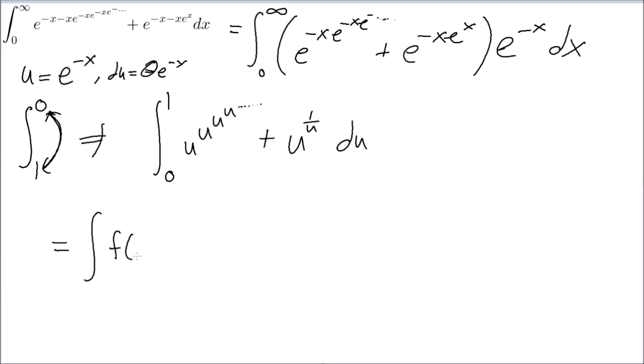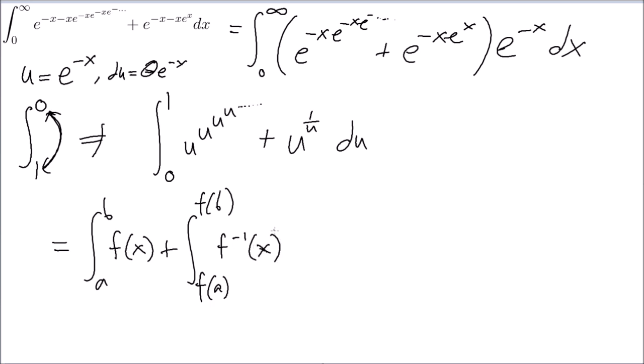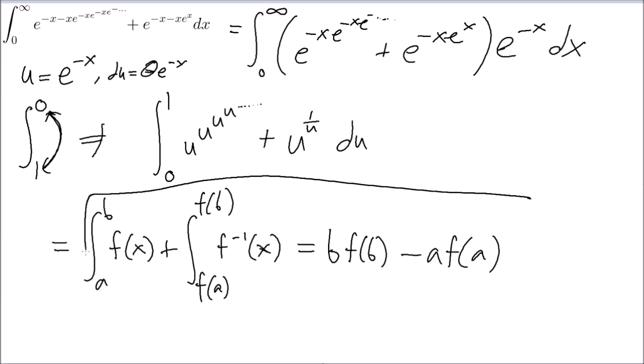If we ever have f of x, actually, it would be from a to b, f of a, f of b, inverse, okay? Then this is equal to b times f of b minus a times f of a. So this is the inverse sum formula here.